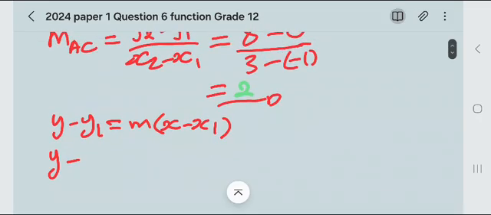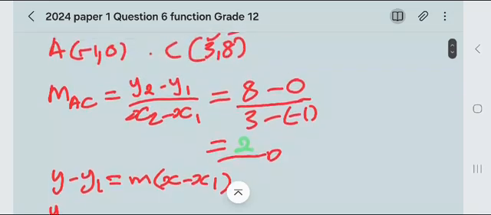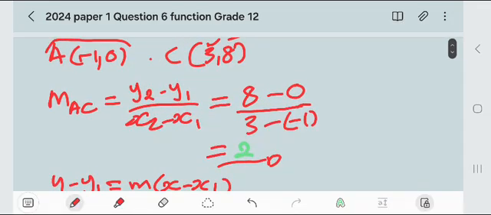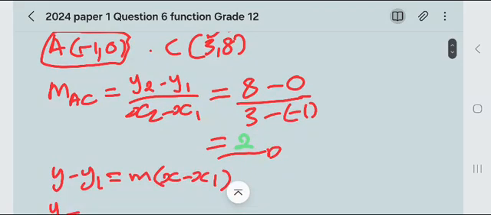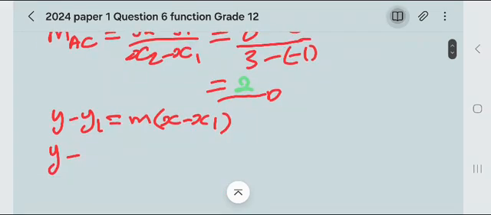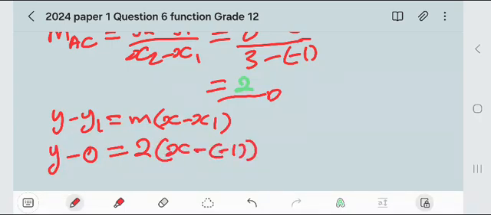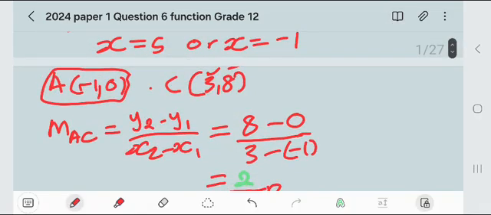I'll use point A, where the y value is 0 and x is -1. The gradient is 2, we've calculated it. Minus, then -1, remember this is our point there, -1 and 0.